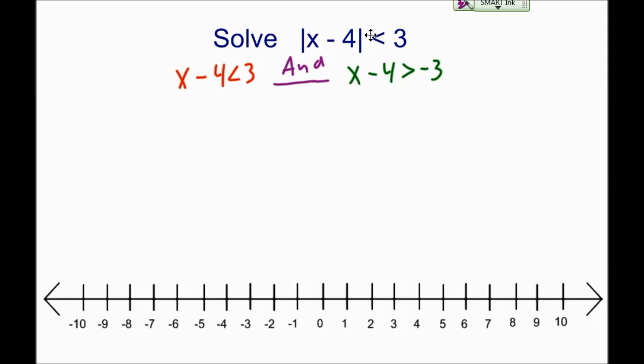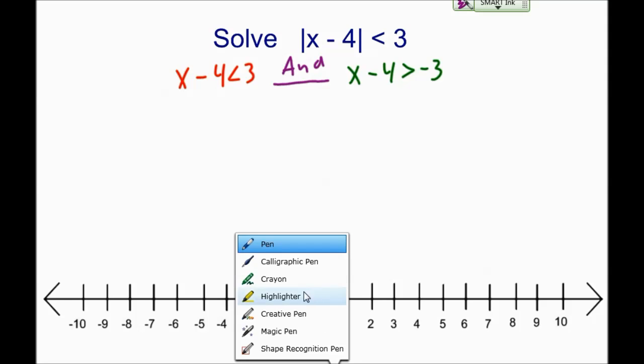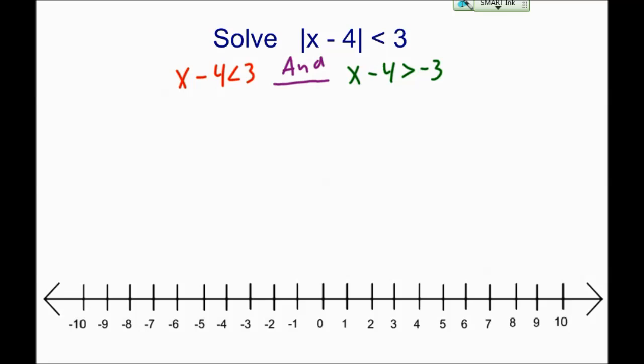Take a look at this symbol right here at the very beginning. If it is a less than sign, we say less than, just a little trick to help you remember it. So it's going to be an and inequality.